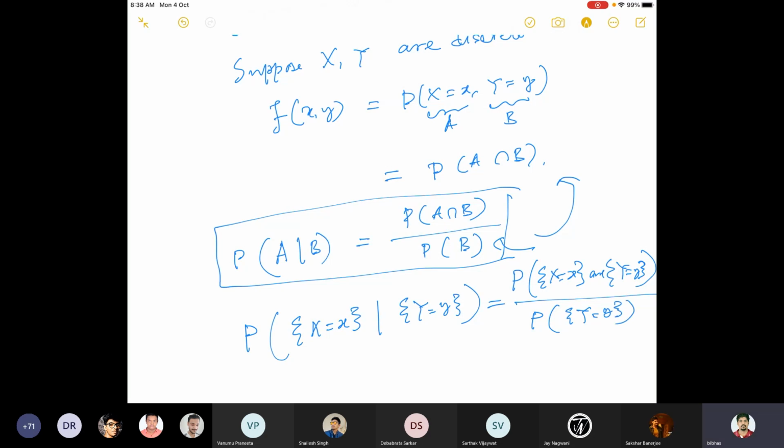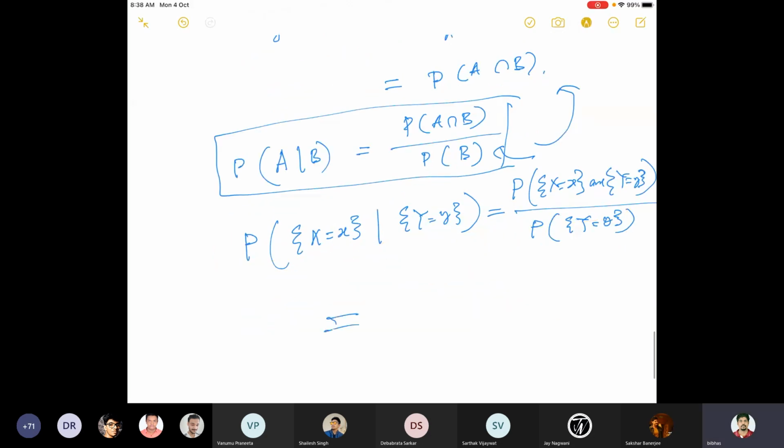So the numerator is nothing but f(x,y). The denominator is nothing but the marginal PDF of y.